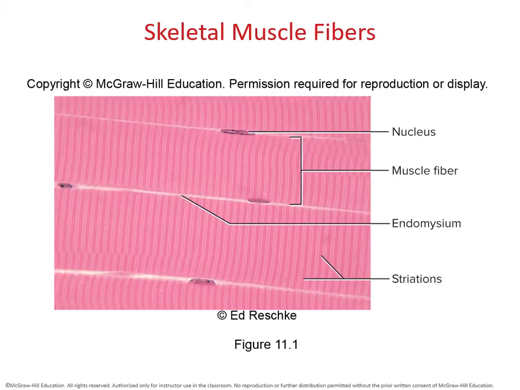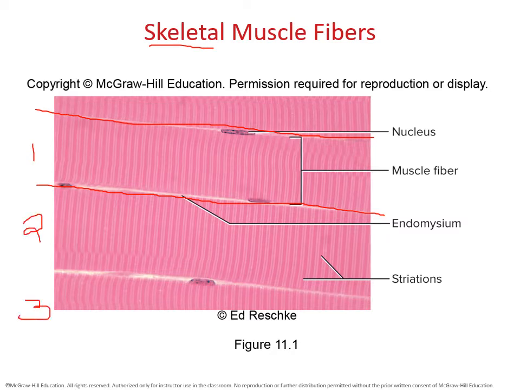This is an illustration that should somewhat look familiar. You actually came across it when we were looking at some histology, when we talked about the fact that if you look at skeletal muscle under the microscope, you're going to see individual fibers that are running together. Here's one, here's the second one, here's the third one. These are muscle fibers.